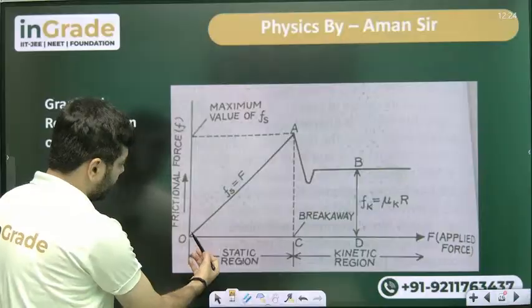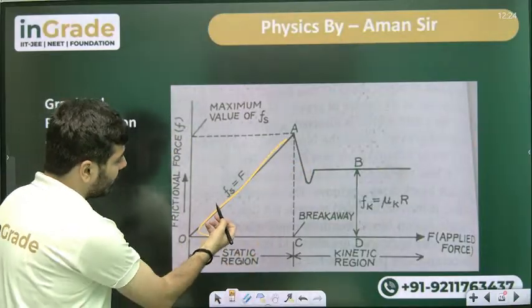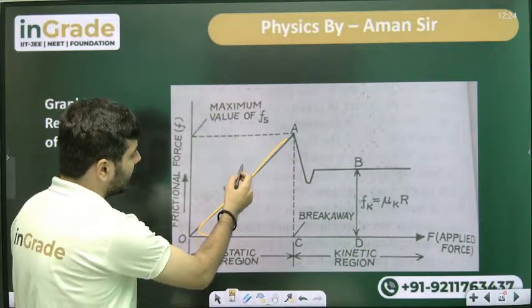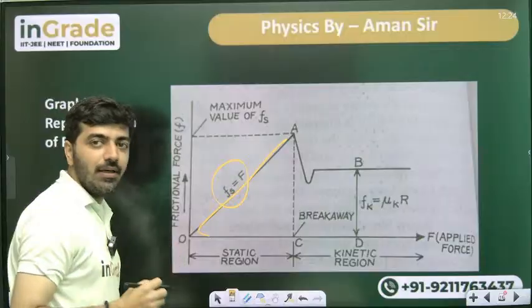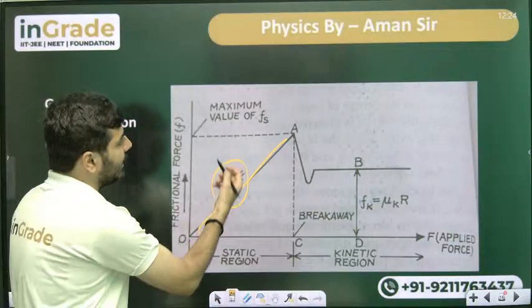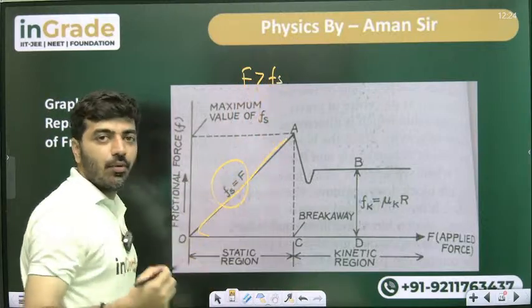Till now, we are applying external force, body is not moving. Okay. Because the external force is nearly equal to the static friction, body will not move. If any external force is greater than static friction, then the body starts to move.